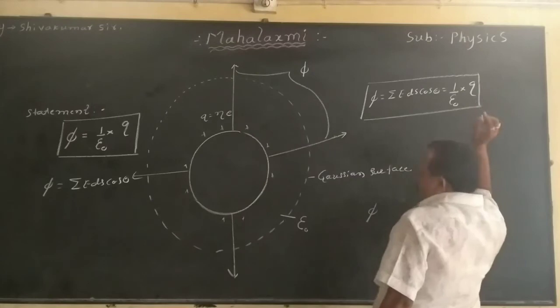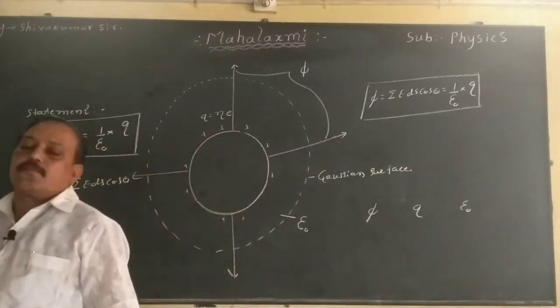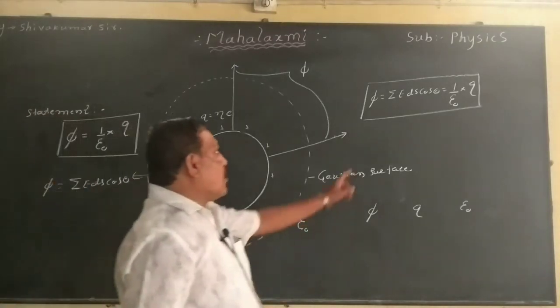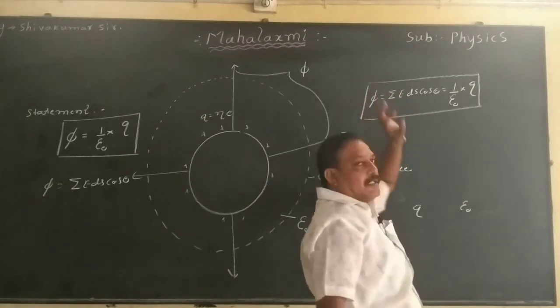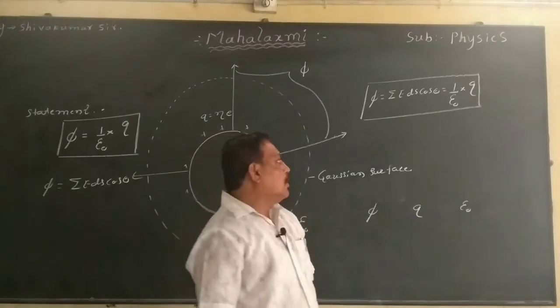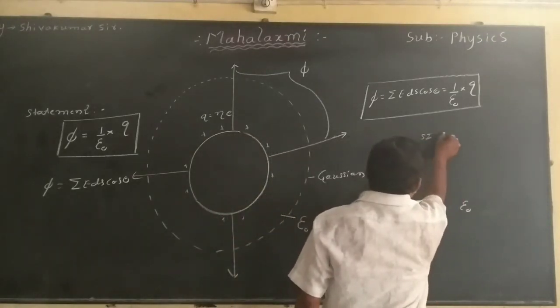Now this is our equation for total electric flux. Electric flux is a scalar quantity. The cos function indicates that it is a scalar quantity. Then what is its SI unit?